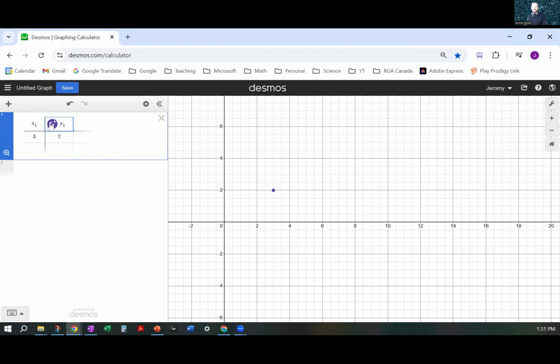You can change the colors of these too, if you want to. That's perfectly okay. The next ones: 4, 2 is one of our points. 4, 4.